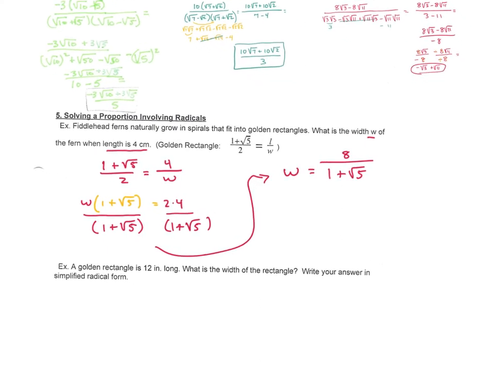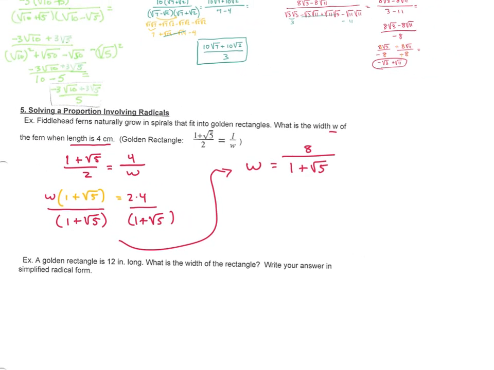Now, I can't have the radical in the denominator, but what I can do is go ahead and multiply by the conjugate. So I have 1 minus the square root of 5. So I'm going to multiply both the numerator and denominator by 1 minus the square root of 5. So I end up with W is going to be equal to 8 minus 8 square root of 5 over 1 minus the square root of 5 plus the square root of 5 minus the square root of 25, square root of 5 times square root of 5.